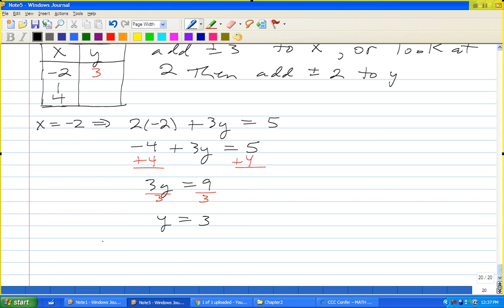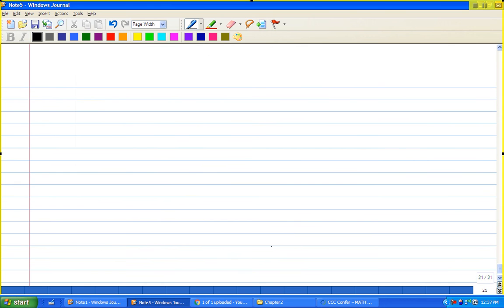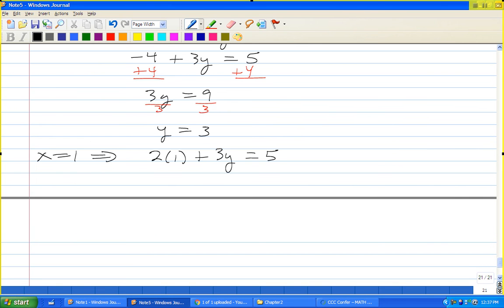Plug in for 1. So you get 2 times 1 plus 3y is 5. 2 times 1 is 2.